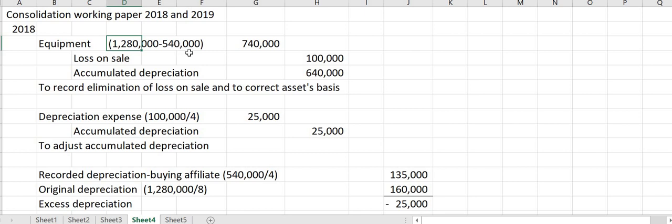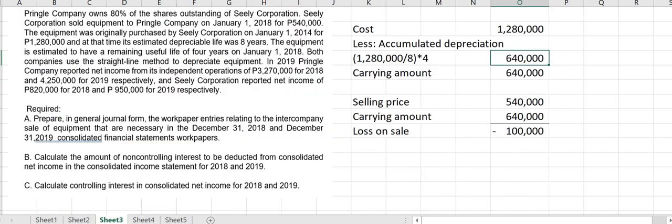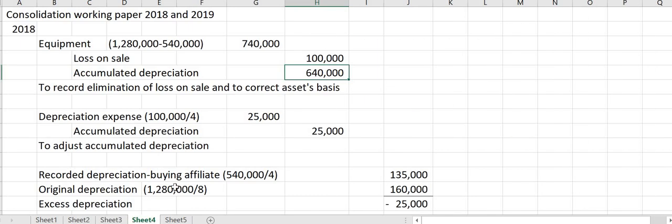Therefore, in the books of the buying affiliate, there is 540,000 equipment, right? So we'll debit equipment for 740,000 to bring back the original cost of the property to 1,280,000. And of course, we'll credit loss on sale for 100,000, and then credit accumulated depreciation for 640,000. That's actually the accumulated depreciation as of the date of sale, right? It's actually 640,000.